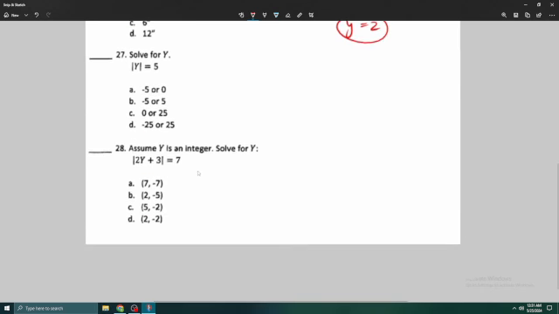Absolute value. So all absolute value does is really get rid of negatives, right? So in reality, what we would do here is that there's a scenario where y is positive 5, or y could have also been negative 5, right? Because remember, when we take the absolute value of y, it gets rid of this negative right here, right? So there's a possibility that y could have been positive or it could have been negative, right?